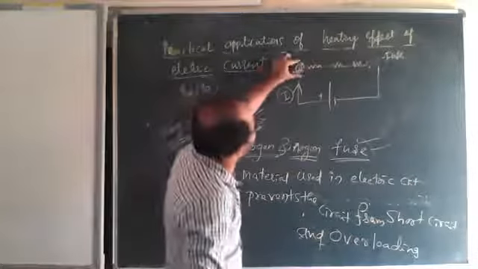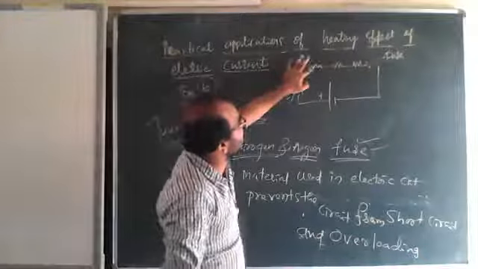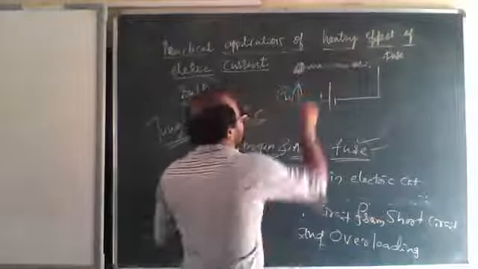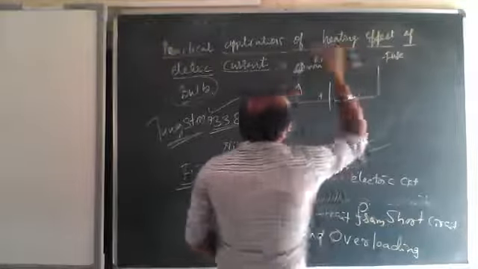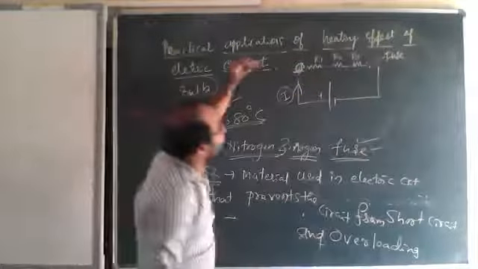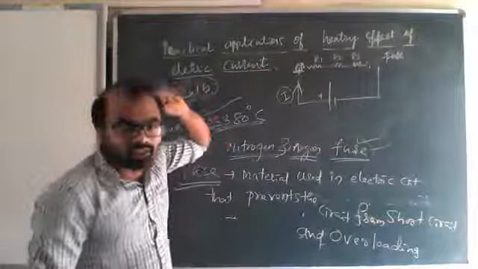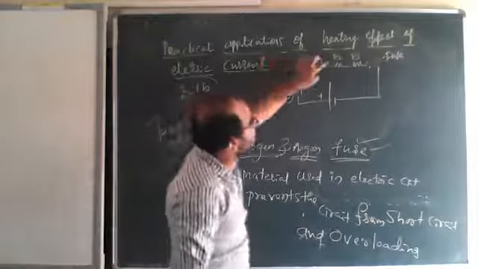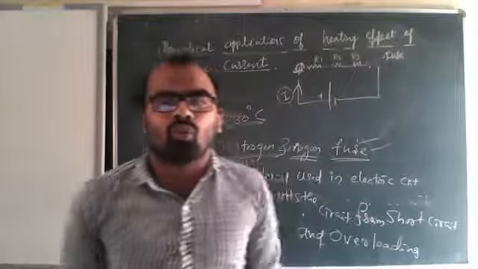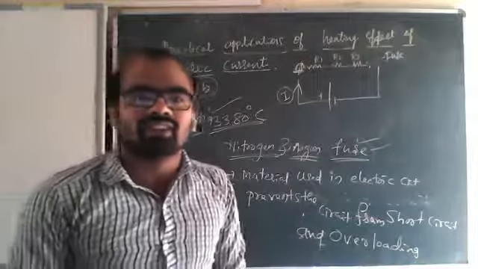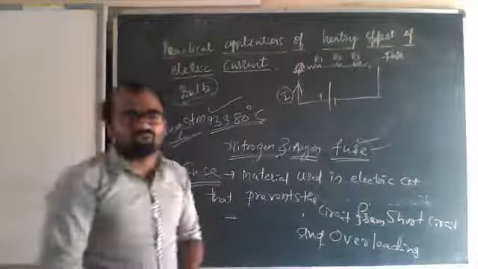This part will break, then the current will not flow through these resistors. If I say these are R1, R2, R3, when the fuse breaks, the current will not flow through R1, R2 and R3. Hence, there will not be any short circuit or overloading. Isn't it?